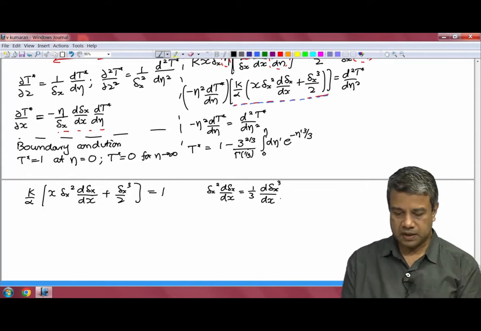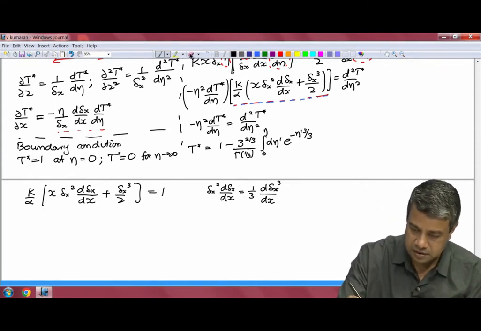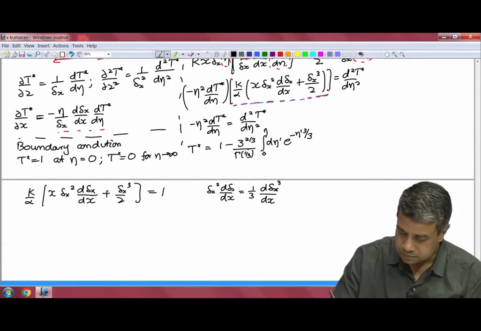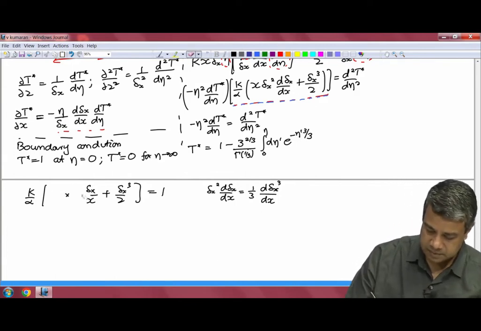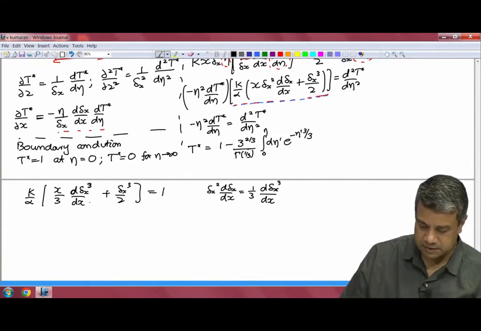I can write this as 1 by 3 d delta x cubed by dx. Therefore, this first term becomes x by 3 d delta x cubed by dx.